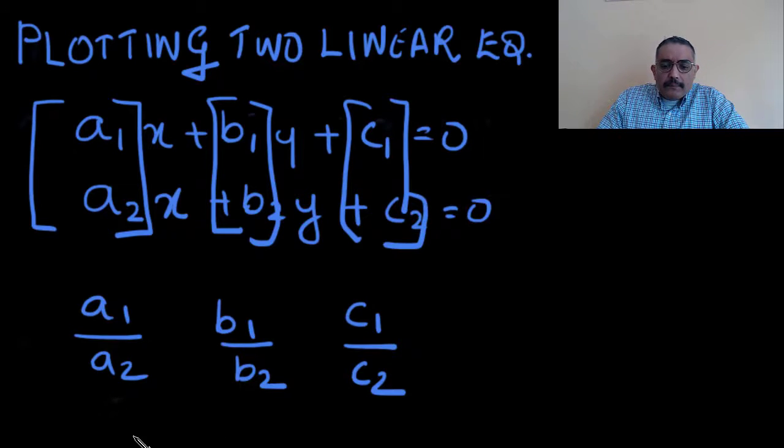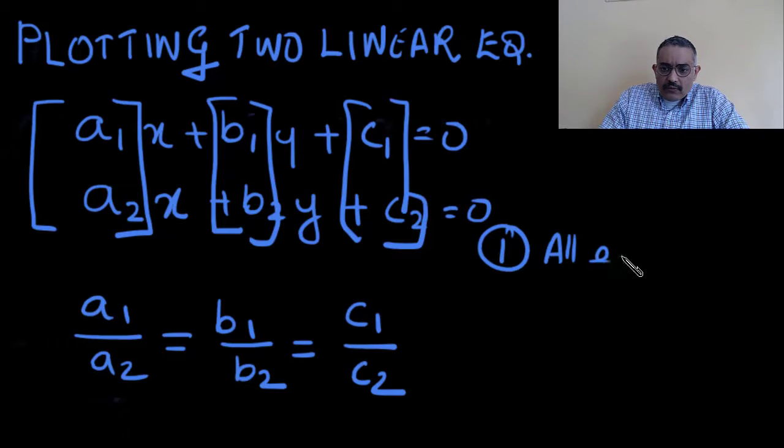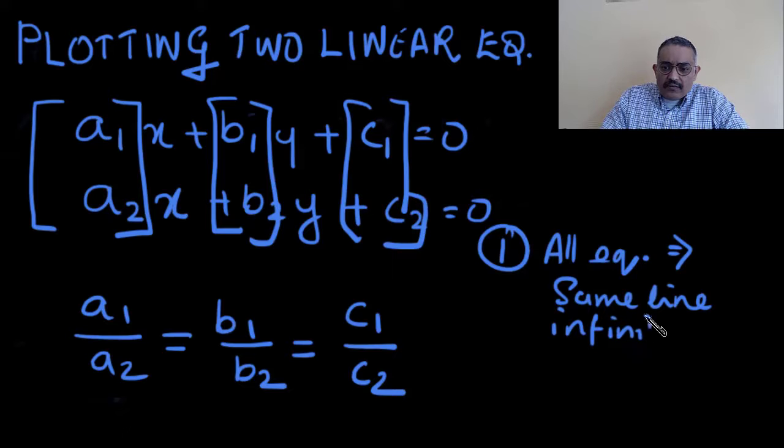Now if all of them are equal, this is case 1. Case 1, all equal. Now we will get the same line, infinite solutions.